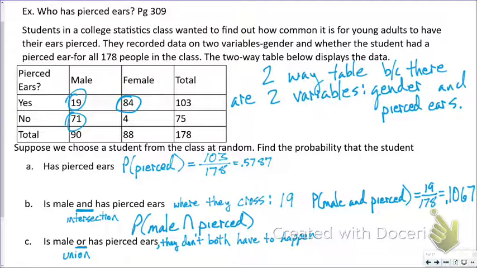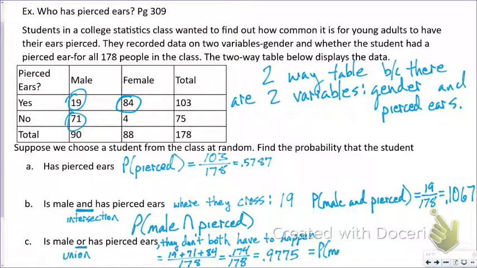So one way to do this is to say 19 plus 71 plus 84 divided by 178. So you should get 174 divided by 178. That answer is perfect. Or you can write it in decimal form, 0.9775.